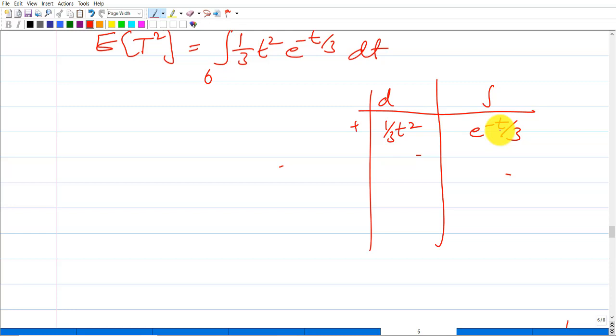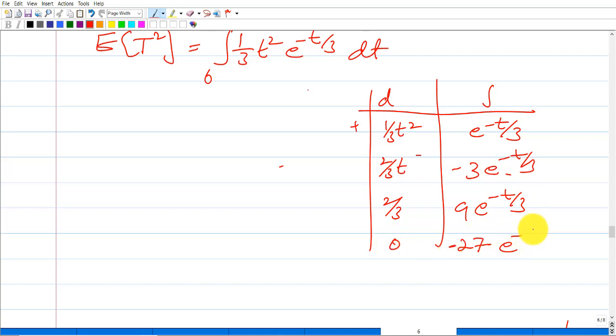So that would be simply 2 by 3 t, and that would be minus 1 over 3, then 3 e raised to power minus t by 3. That would be 2 by 3, and that would be 9 e raised to power minus t by 3, and then it would be 0, and 27 e raised to power minus t by 3. So same plus, minus signs here, here, and here.